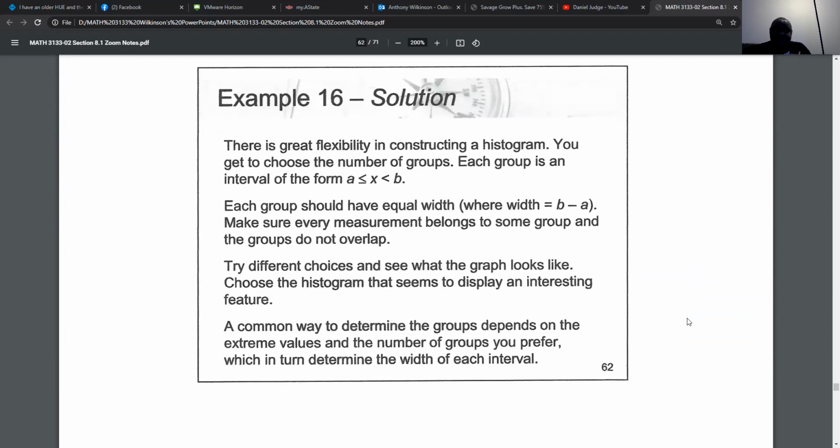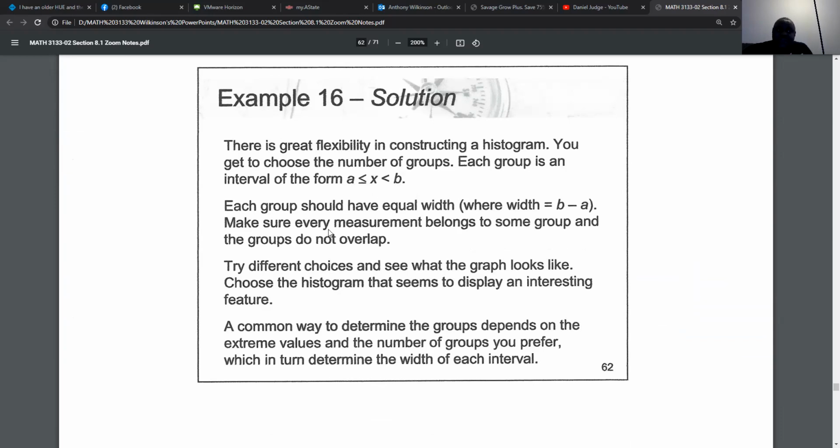So here there is great flexibility in constructing the histogram. You get to choose a number of groups. Each group is an interval of the form where x is greater than or equal to a and less than b. And each group should have an equal width, where the width is b minus a, that's the upper endpoint minus the lower endpoint.